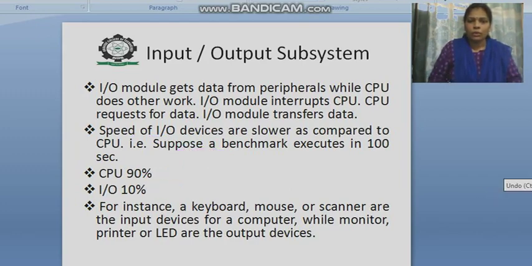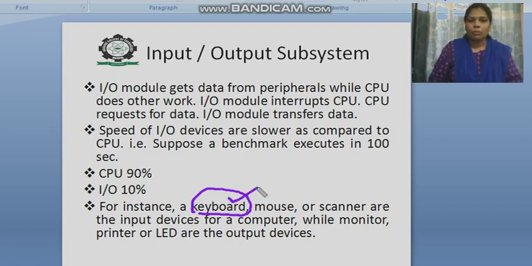Now the next point shows what devices we can put in the input output subsystem. We very well know that the keyboard is the main thing we use as an input device for getting any kind of text data, any kind of alphanumeric data.